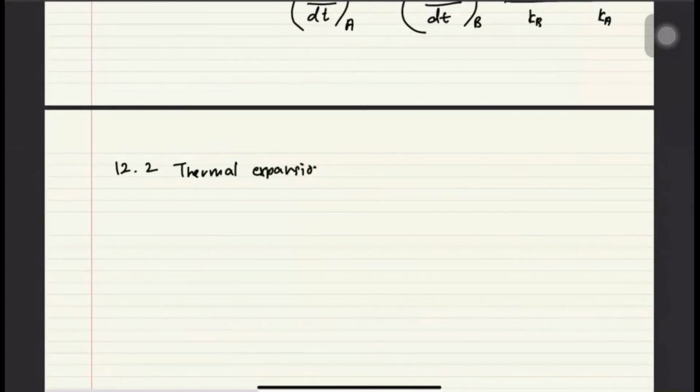Okay, there's 3 types of thermal expansion. Satu adalah linear, and then area expansion and volume expansion. Okay, type expansion ada 3.